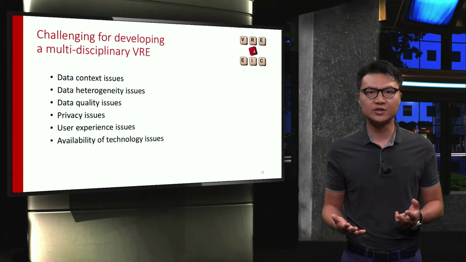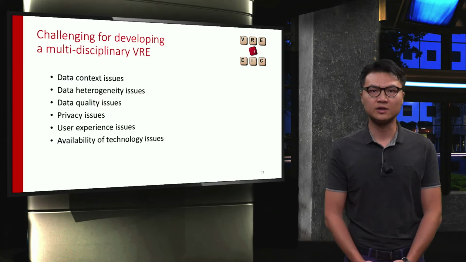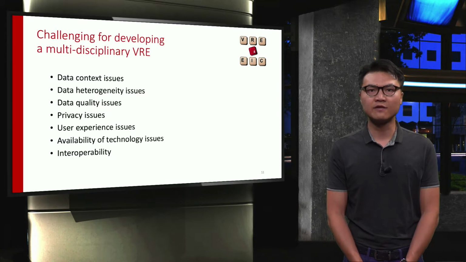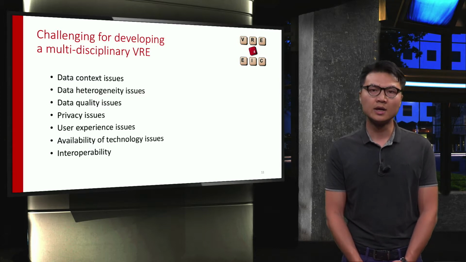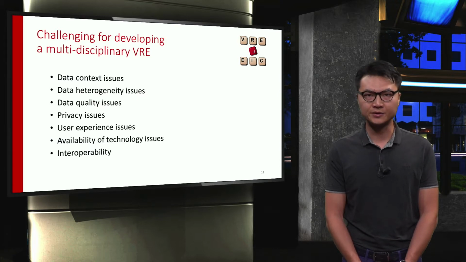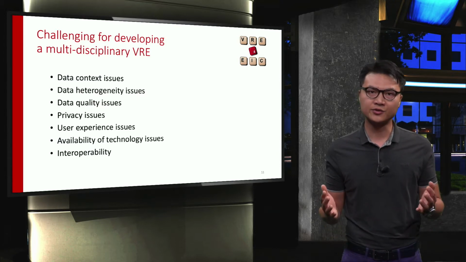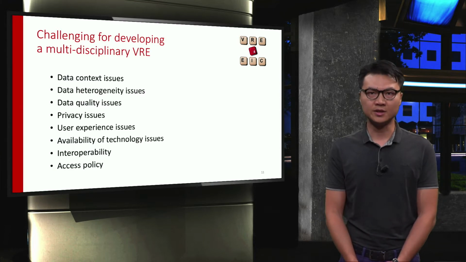Even more challenges exist for the development of multidisciplinary VREs, such as the availability of data from different sources, data use licensing for different organizations, scalability in terms of connecting high-performance computing facilities, system management responsibility, and financial support. Another challenge concerns the access policy.